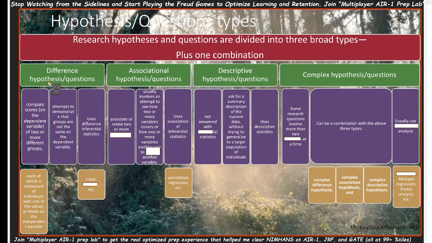So here you need one dependent variable, okay, and at least 2 groups. So one will be obviously experimental group which gets treatment, and the second will be control group. So this is in an experiment.